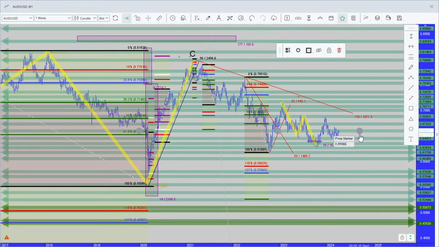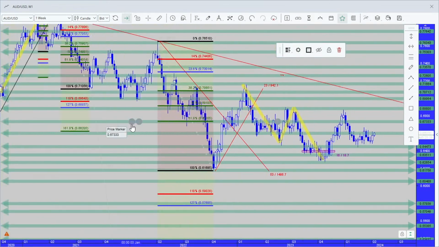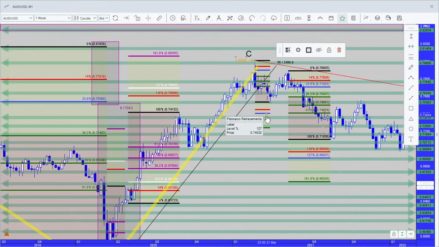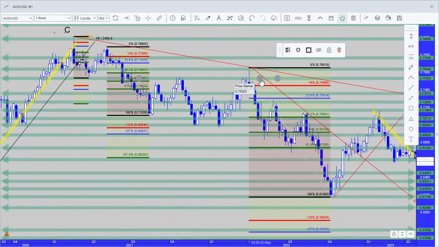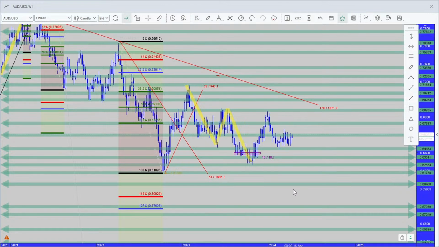Exactly, it's the confirmation Fibonacci. And because this is the weekly chart, we're going to go in the daily after. The first confirmation Fibonacci gave us money. The second confirmation Fibonacci gave us money. And the third is still working its way.